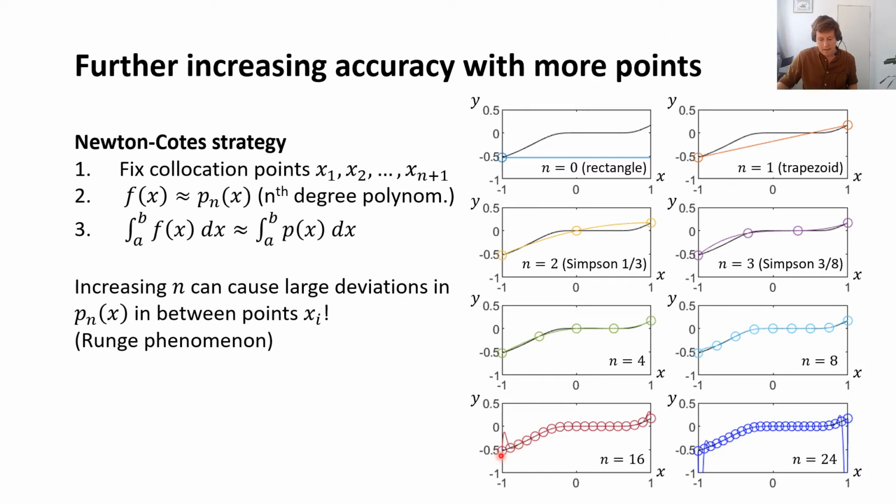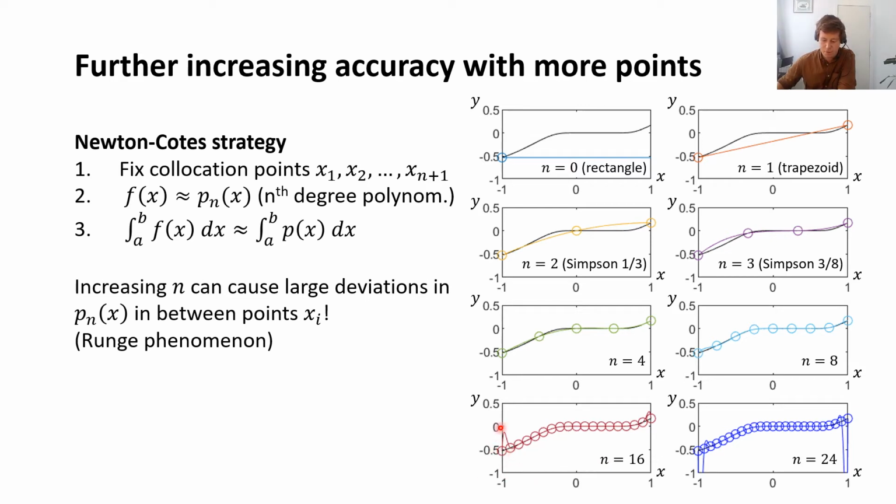Even though at the collocation points themselves you will get closer and closer to the function f of x by definition, in between these collocation points, especially near the end points, the approximating polynomial might start having very large oscillations which deviate from the smooth function f that we're trying to approximate. You can clearly see this for n is 16.